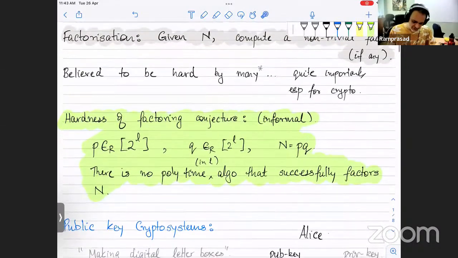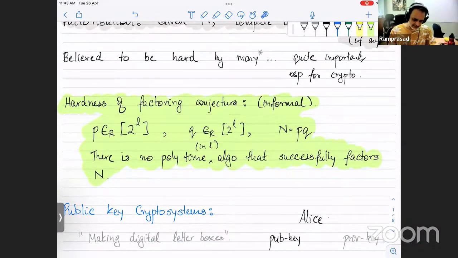And this is used for public key cryptography systems, which in some sense are a way of making digital letterboxes. What do I mean by that? There are post boxes that people have, and you can say, by the way, my post box number is 107 or something like that.